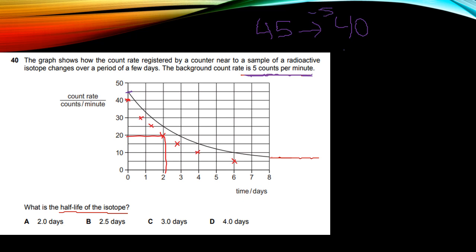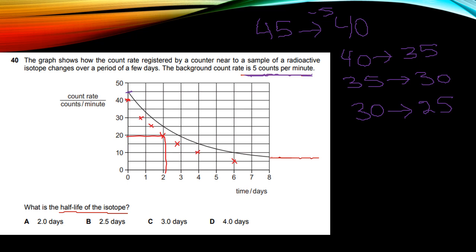Where 40 was on the graph, that's where 35 is now going to be. Where 35 was on the graph, that's where 30 is now going to be. Where 30 was on the graph, that's where 25 is going to be. And where 25 was on the graph, that's where 20 is going to be.